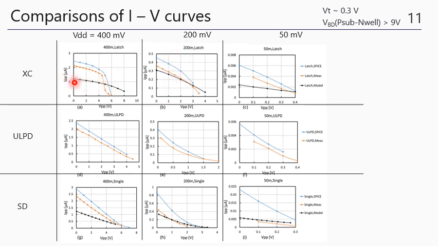The model has about half the short circuit current for the XC and both the SD. The slope of this is about the same here.